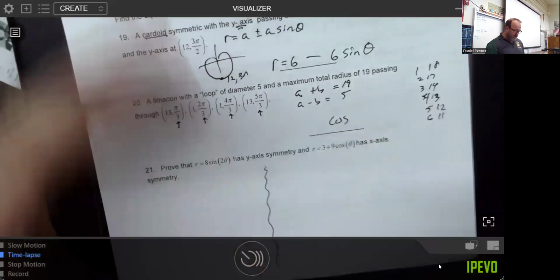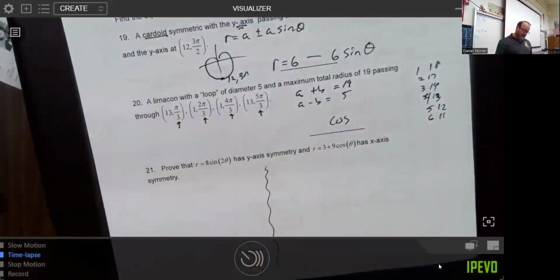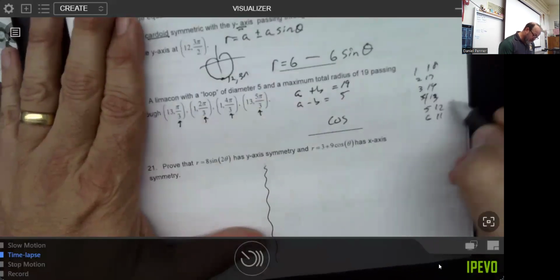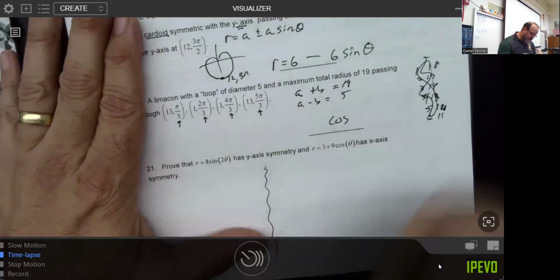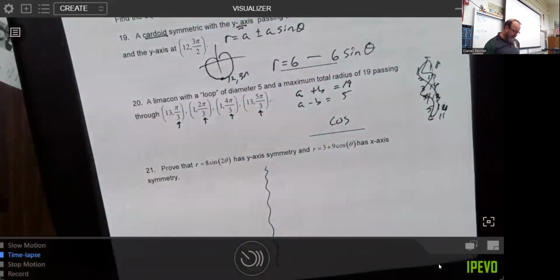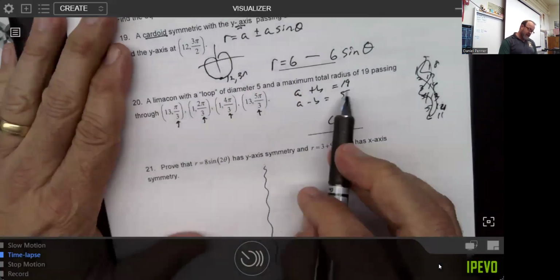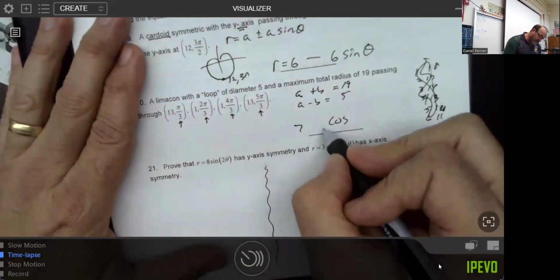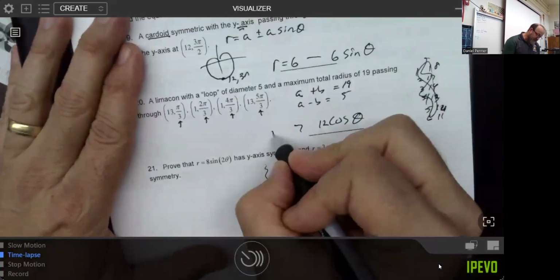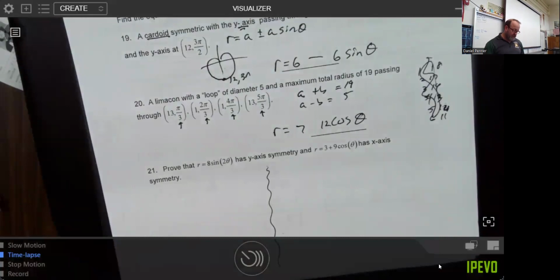You just keep going down the line. I have to come up with some numbers that are exactly 5 units apart that have a sum of 19. I really messed that up. But the reality is 7 and 12 do that, because 7 plus 12 is 19 and 12 minus 7 is 5. But I just have to be careful that I make the second number the 12 and the first number the 7 in order to do that.